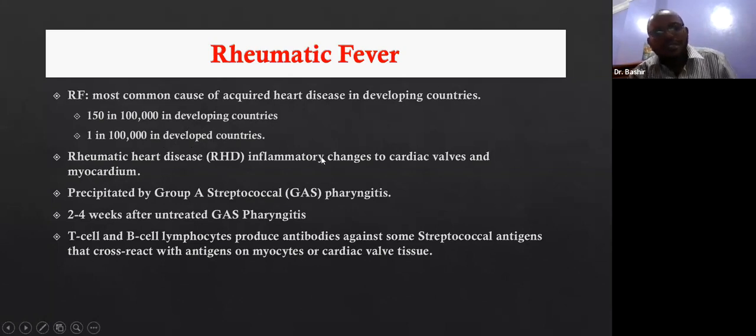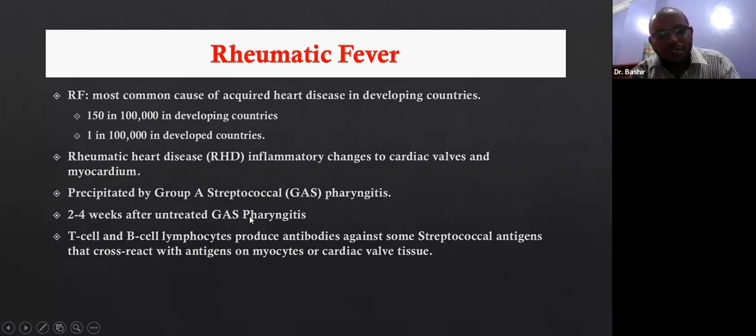Rheumatic heart disease is inflammatory change to the cardiac valve and the myocardium. It is rheumatic fever precipitated by group A streptococcal pharyngitis.